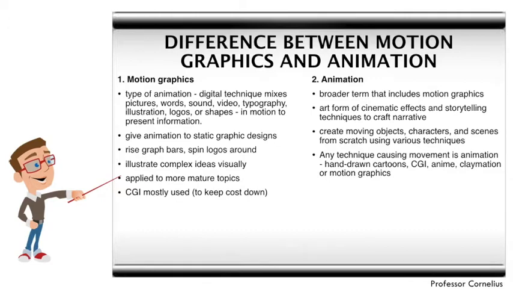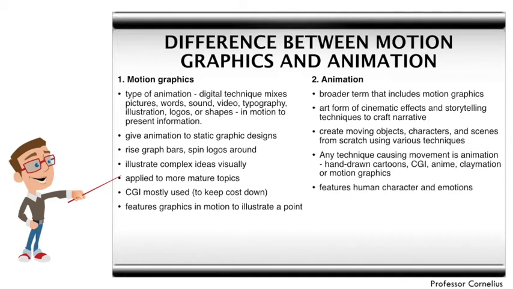Think of it like this. If a video sets text in motion to illustrate a point, it would be called motion graphics. If a video features a human character that goes on an emotional journey, it's more likely to be called animation.